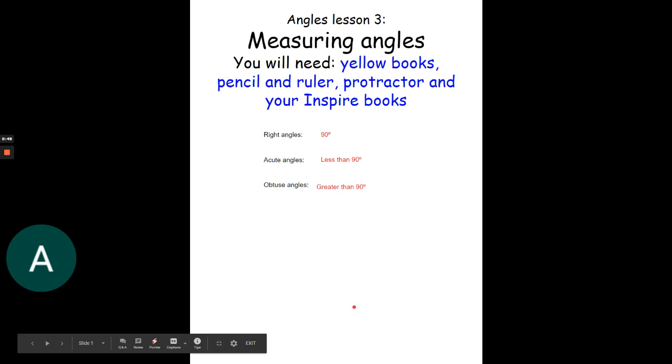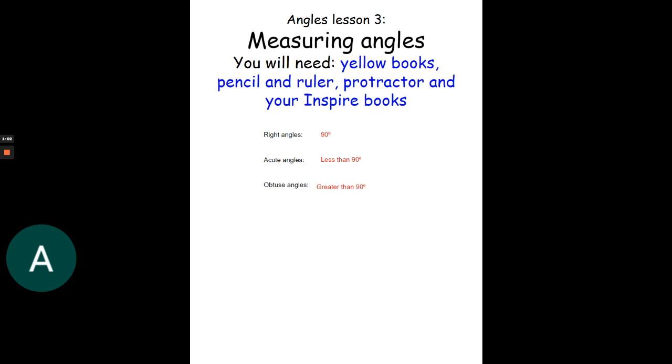Okay, there we go. So we've got right angles are 90 degrees, acute angles are less than 90 degrees, smaller than 90 degrees, they are acute and sharp. And obtuse angles are greater than 90 degrees, they are O for open, O for obtuse. They are nice and wide open.